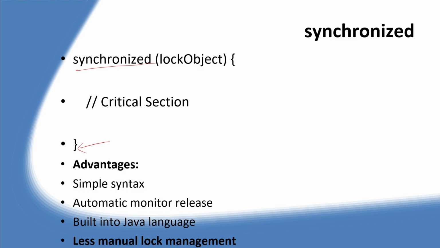These are handled internally by Java, including when an exception causes the block to exit. This makes synchronized less error prone for many straightforward locking requirements. So it has simple syntax and automatic monitor release built into the Java language, but we have less control over locking and unlocking.